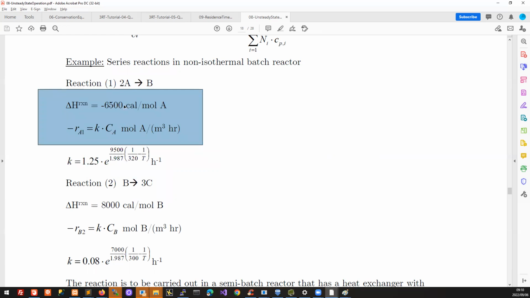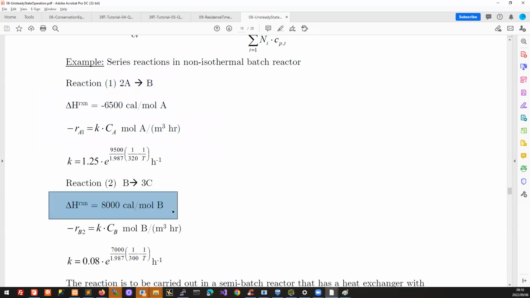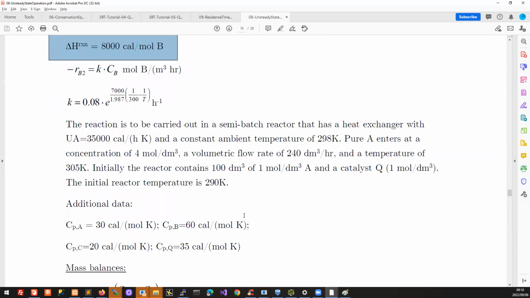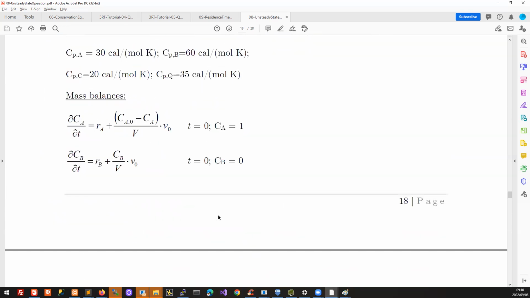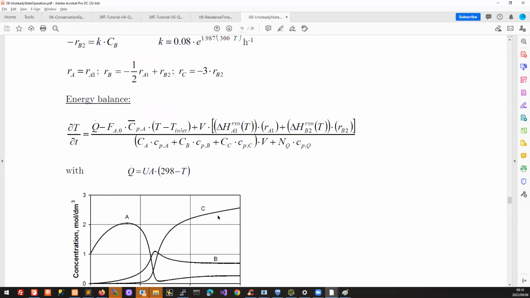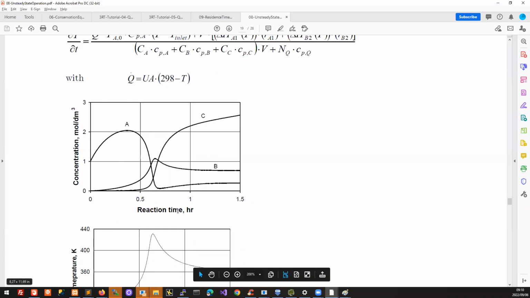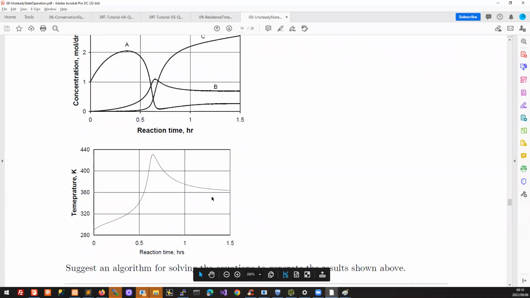You've got a heat of reaction, so this one is an exothermic reaction. So the first one is exothermic, and the second one is endothermic. And so you can imagine then that our temperature can bounce around as we get the different quantities of these species.